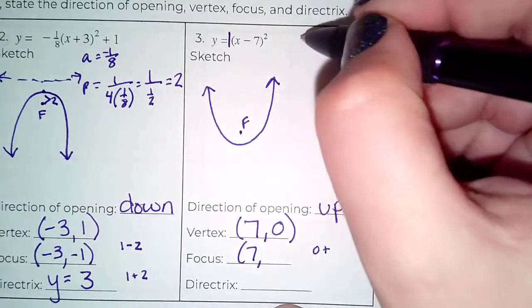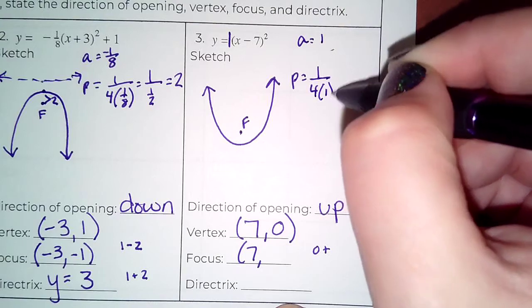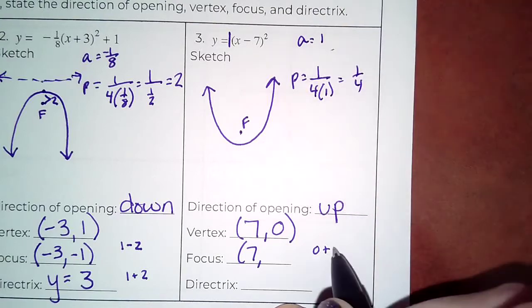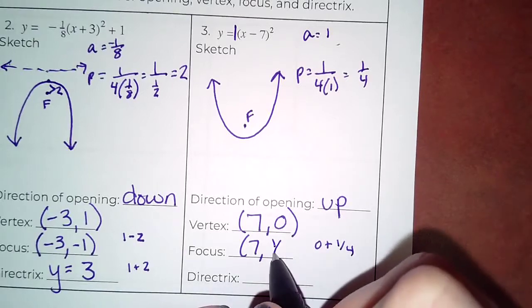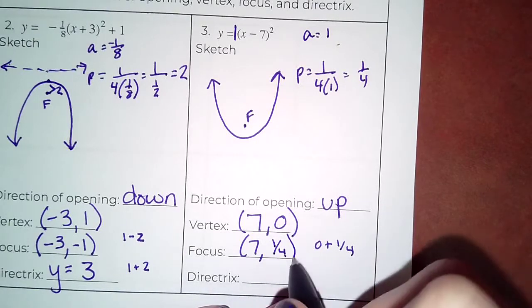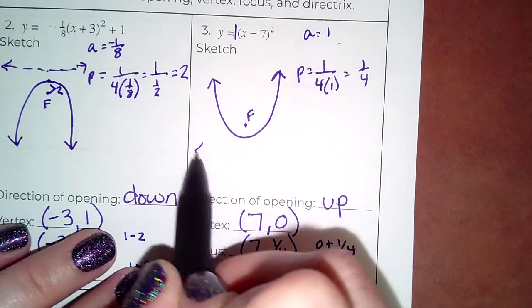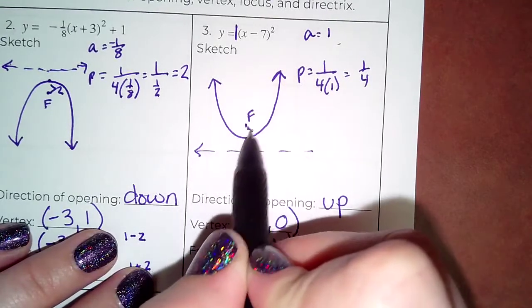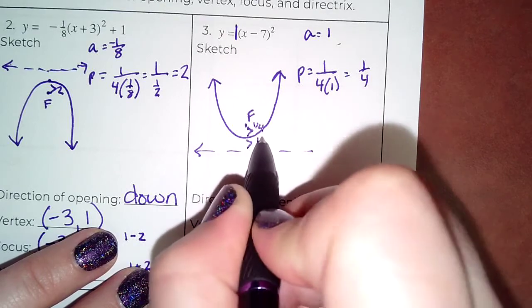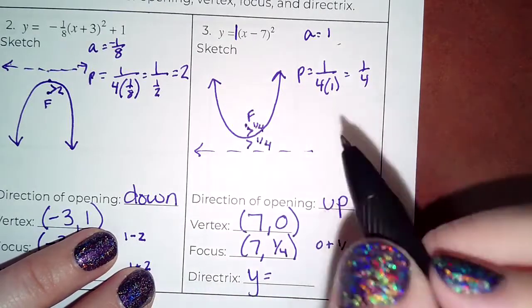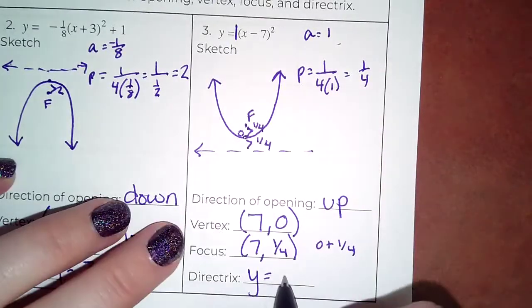So let's find our p. a is 1, so our p is 1/4 times 1, which is a fourth. So we're going to add a fourth. So 7, comma, a fourth. And our directrix, our distance here is a fourth, so we would be going a fourth down from 0. So subtracting a fourth, this would be y equals -1/4.